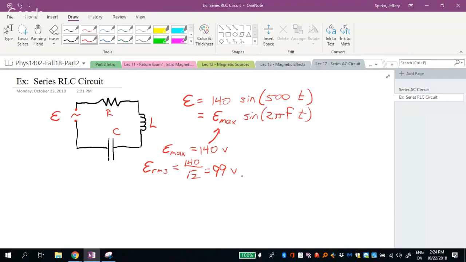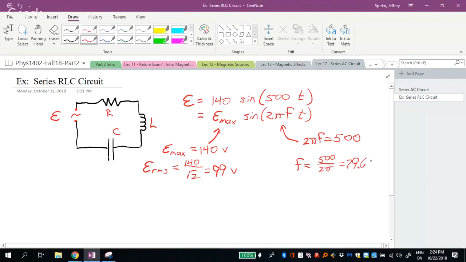Usually when I do Ohm's law calculations in AC, I like to use RMS values for everything. Now the other thing we can extract here is that 2 pi f is equal to 500. So therefore f is equal to 500 over 2 pi, which is 79.6 hertz.